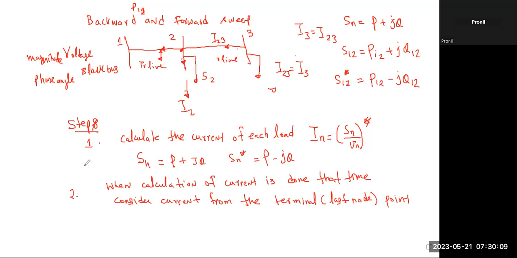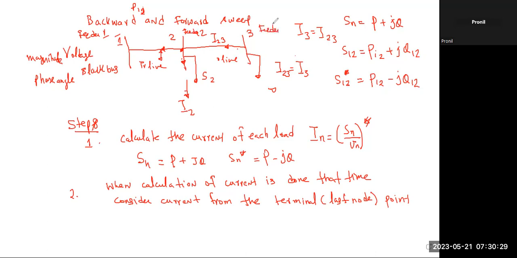So the first step is to calculate the current of each line. That is, you have to start from the end of the feeder. So this is feeder one, this is feeder two, and this is feeder three.